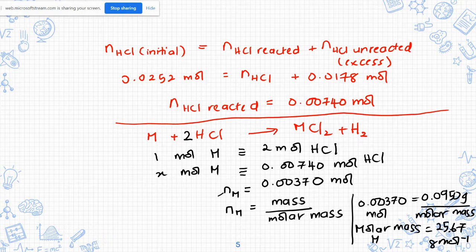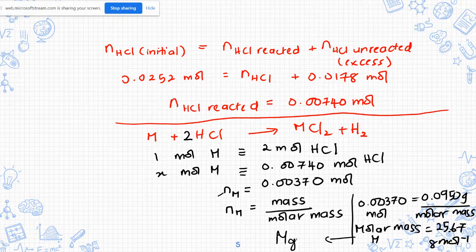And you need to repeat for sample 2. From my value here, I check the periodic table, and this molar mass is very close to the molar mass of magnesium. For magnesium, the molar mass is 24. So I can conclude that my unknown metal is magnesium.